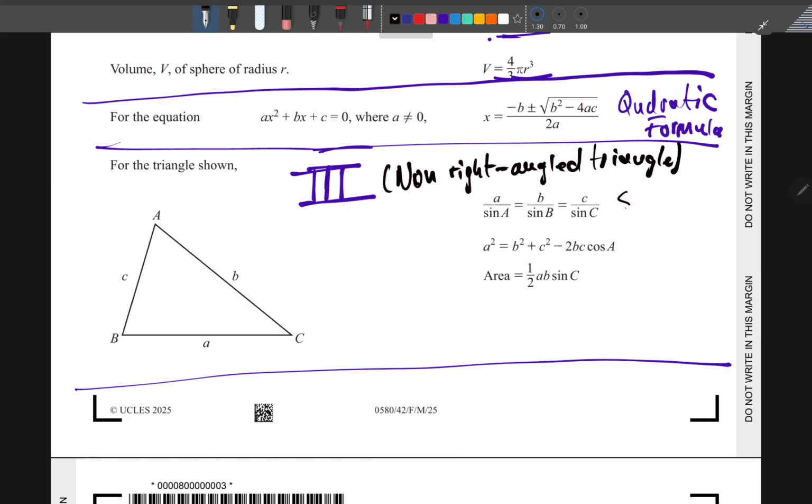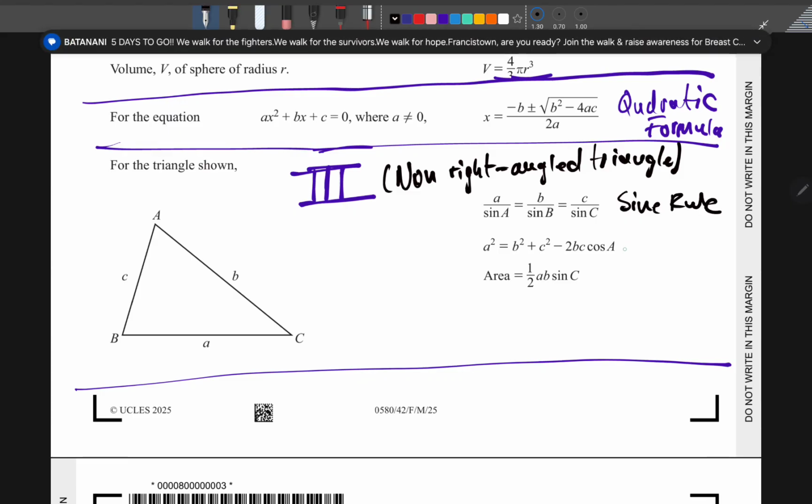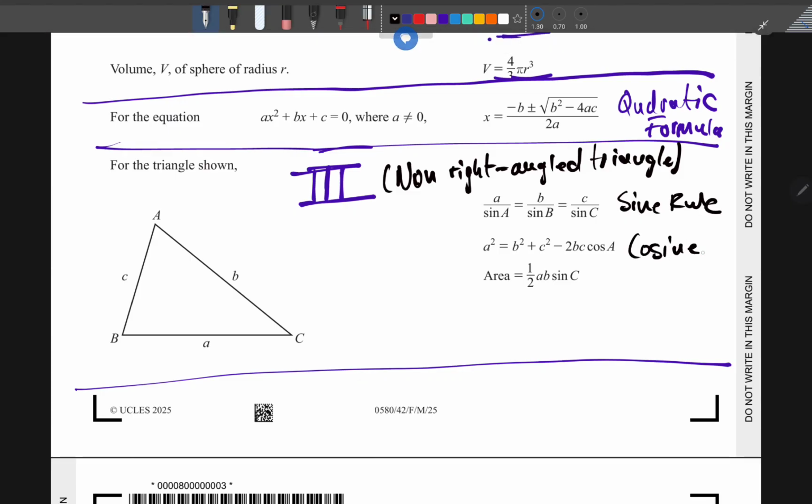Either you're going to use this one, which is called the sine rule, or the one below, which is called the cosine rule, or the one below that, which is to get the area. This is how you're going to get the area of this thing, if you don't have the height, which is this straight distance. If you go down, which makes a right angle, this would be the height. If you don't have it, then you're going to have to use half AB sine C.